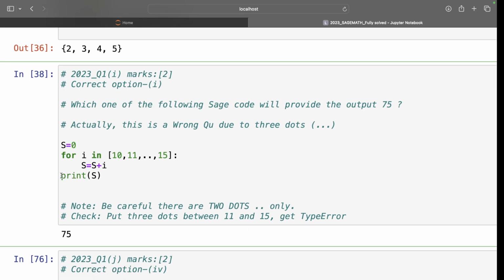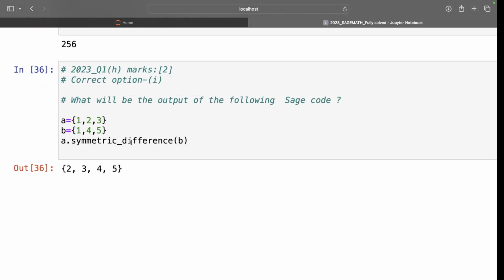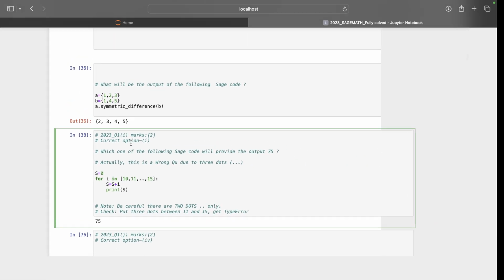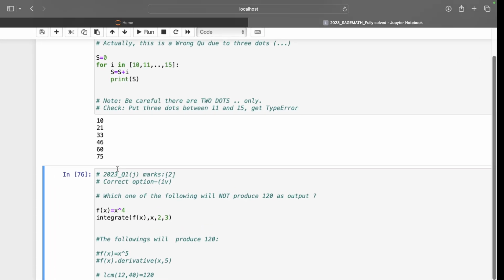If the print is within the indent of the for loop and you run this program, then at each line this print shows 10, then 21, which is 0 plus 10 is 10, and 10 plus 11 is 21.